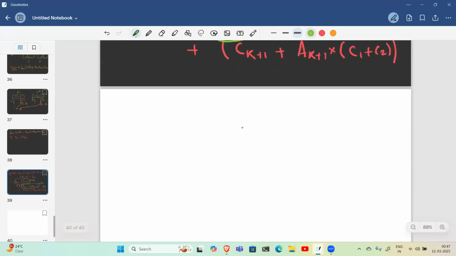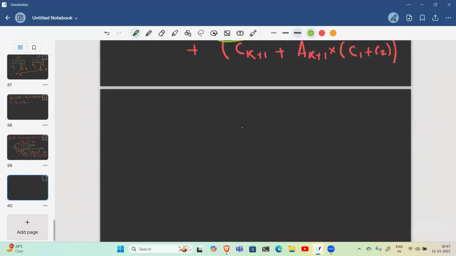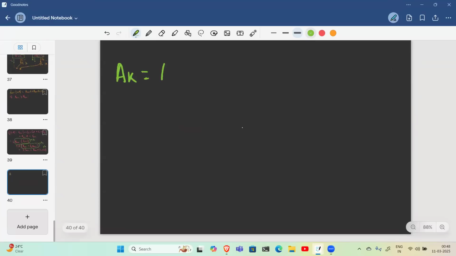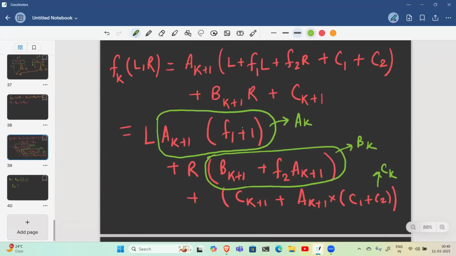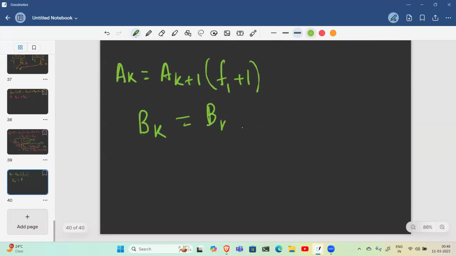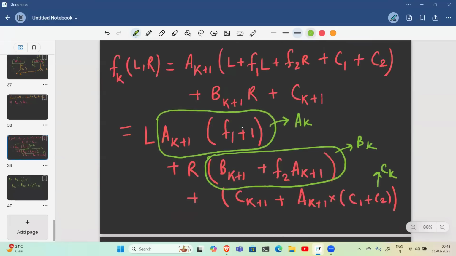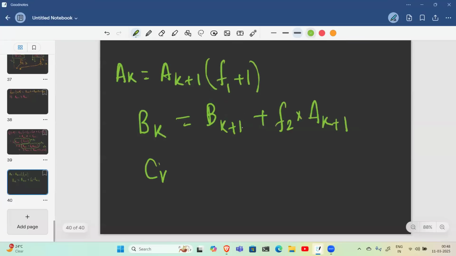So using this expression, let me rewrite it. What is a_k? a_k is a_{k+1} times (1 + F1). b_k is b_{k+1} plus F2 times a_{k+1}, and c_k is c_{k+1} plus a_{k+1} times (C1 + C2).